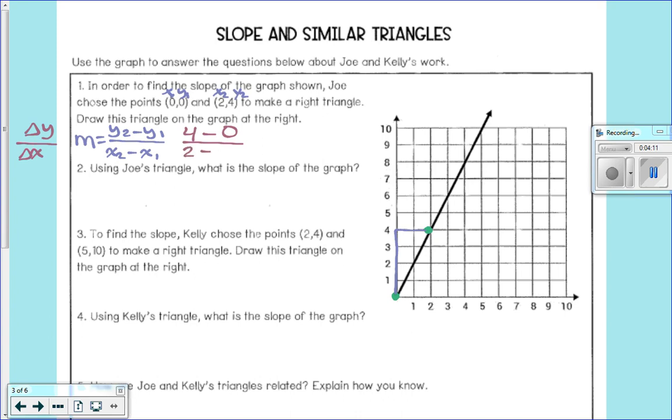And we're going to subtract our first x value, which is 0. 4 minus 0 is 4, 2 minus 0 is 2. And just like yesterday, we're going to simplify if necessary, and we get 4 divided by 2 is 2. So M equals 2. Okay, let's go ahead and look at our graph. What type of line is that? It is a positive, and we did get a positive 2. Are we good with that? All right.